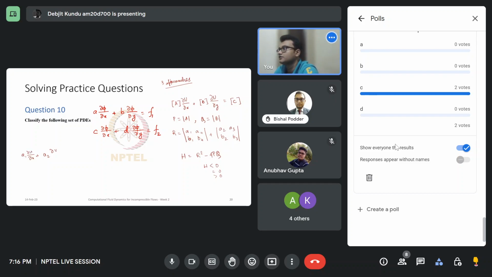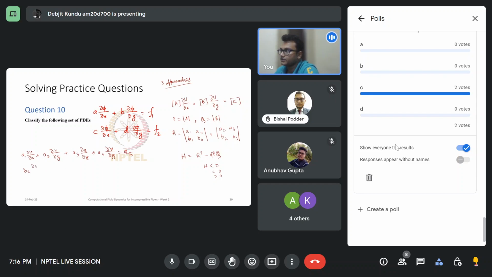So u ∂x, ∂y, ∂u/∂y plus a4 ∂v/∂y equal to some C1 or A5.